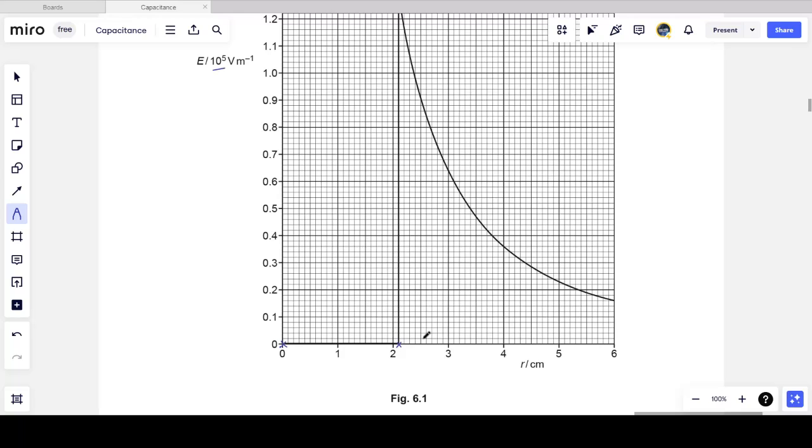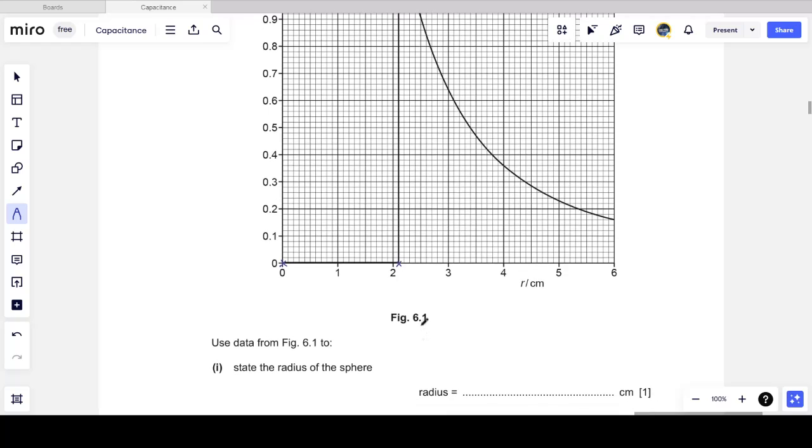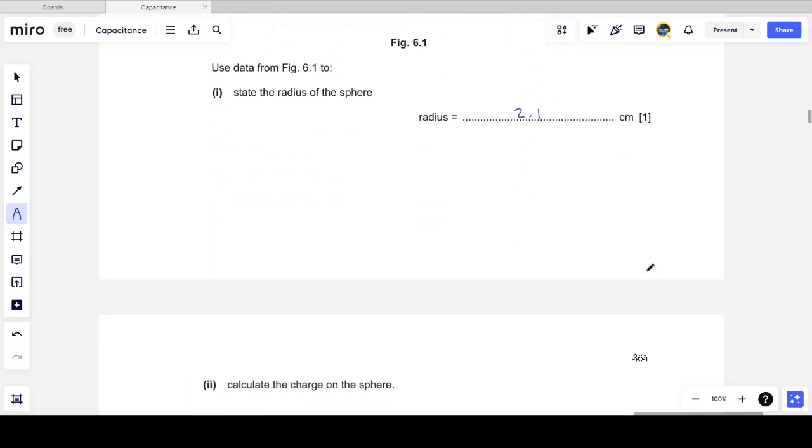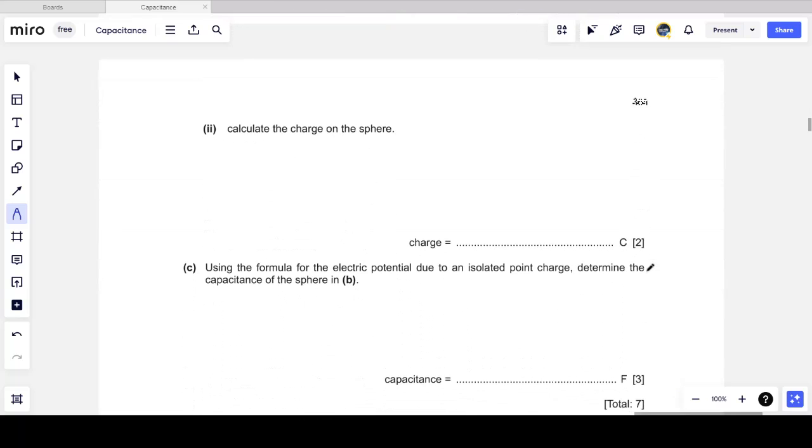The distance over which the electric field strength is 0 is my radius. And so I simply need to read that distance off. I can see that the point I've drawn the x at is 2.1 centimeters. So I can simply read that off from the graph. Inside a conductor, the electric field strength is 0, and so that's how I can tell the radius of the sphere.